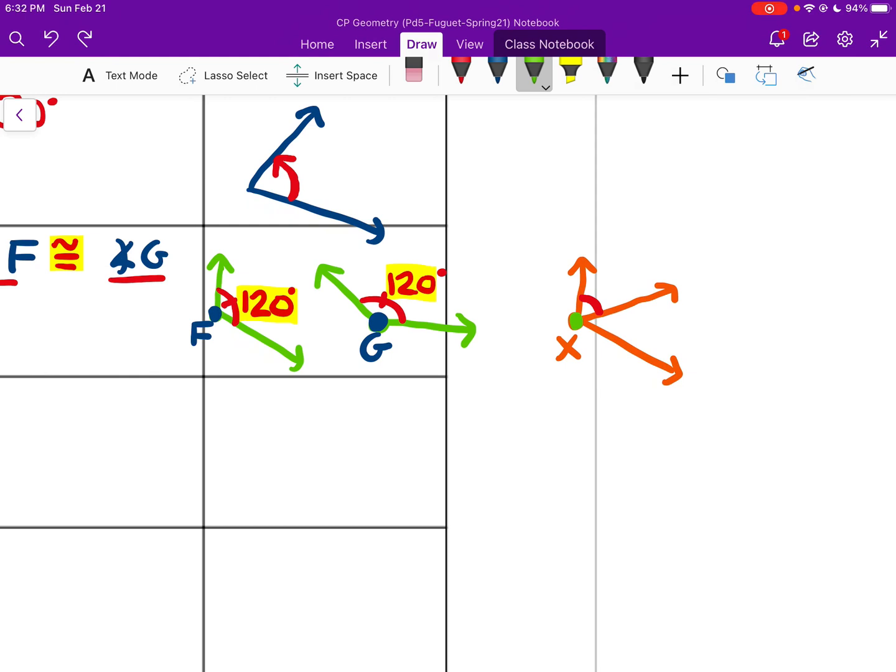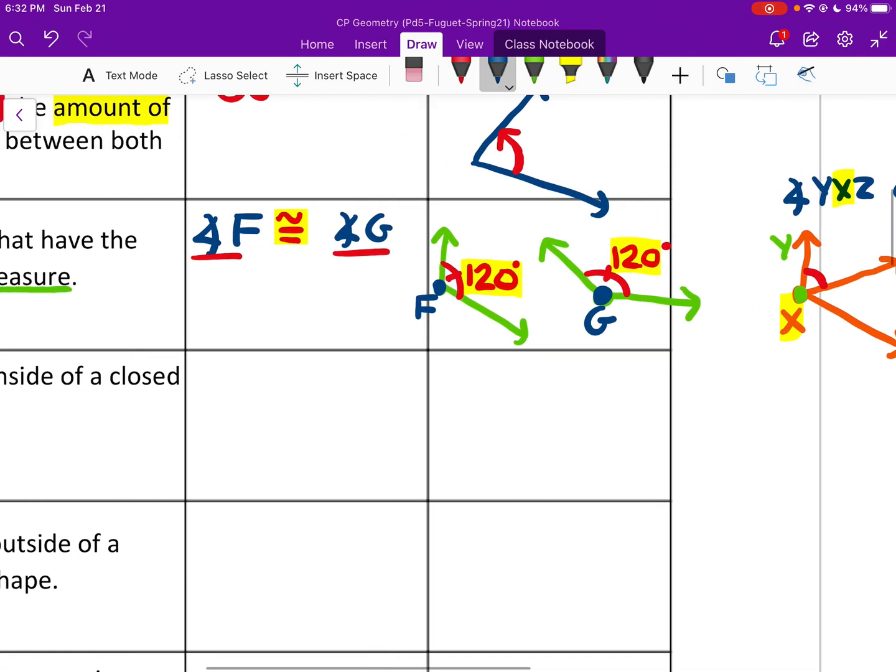So in a case like this, let me just put random letters in here. In order to name this red one specifically, we would have to call this angle YXZ, or angle ZXY. Just like we said in the first example, it's always going to have the vertex as our middle letter. Just a side note.